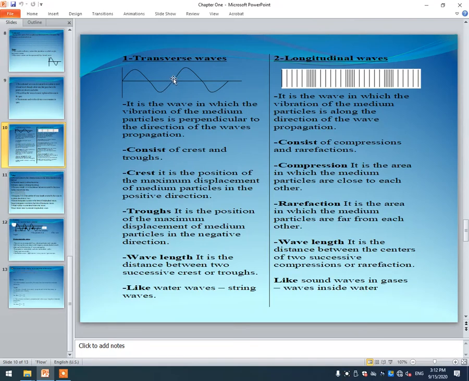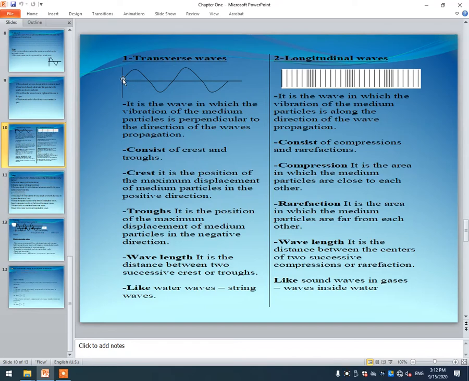Imagine this shape is the waves of the water, and you are sitting here in a boat. What do you feel during the passing of the waves from under the bottom of the boat? You will feel, of course, that the boat moves up and down, and doesn't move forward or backward, it only moves upward and downward.